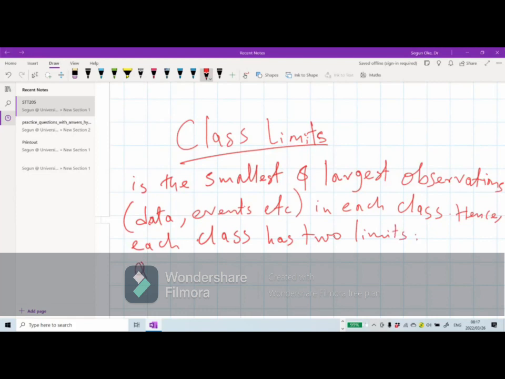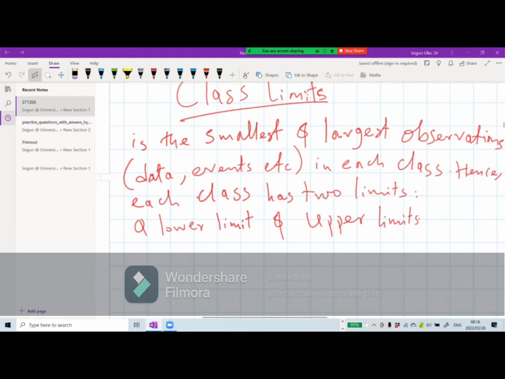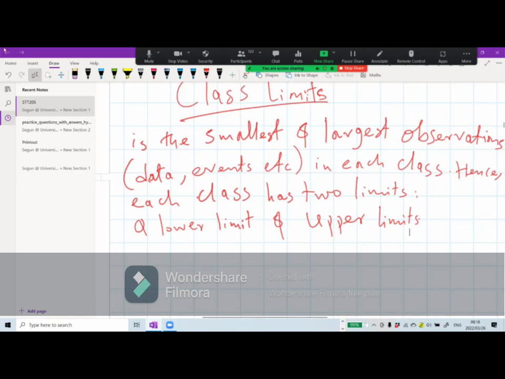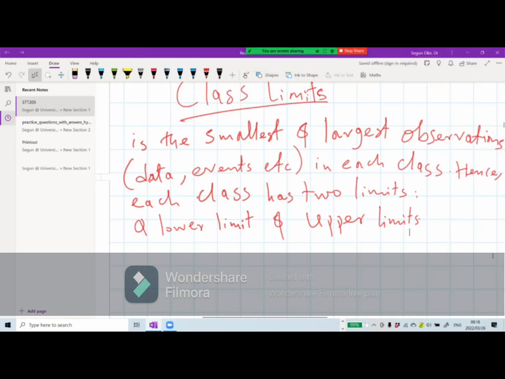It's either you have a lower limit or you have an upper limit. Lower limit or upper limit. So we have it.